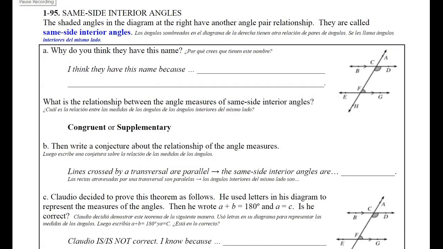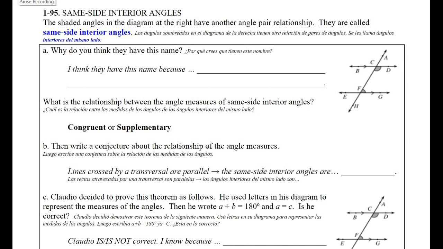The shaded angles in the diagram have another angle pair relationship. They are called same side interior angles. Why do you think they have this name? Did you think about it?